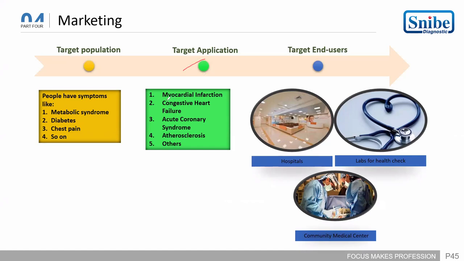The target utilization is for clinical symptoms of myocardial infarction, CHF (congestive heart failure), ACS (acute coronary syndrome) and atherosclerosis, and for conditions where the patient has complications with diabetes mellitus, hypertension and a high risk factor of hyperlipidemia, to rule out such situations. Risk assessment analysis can be done this way.